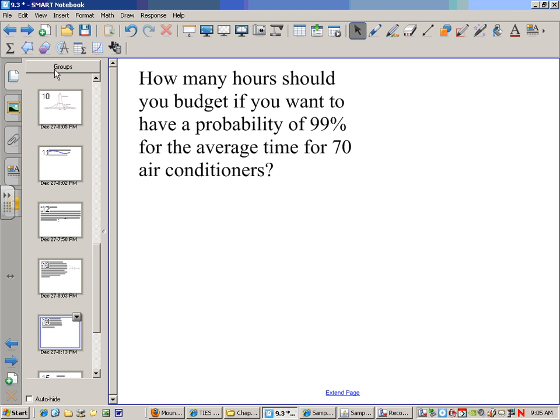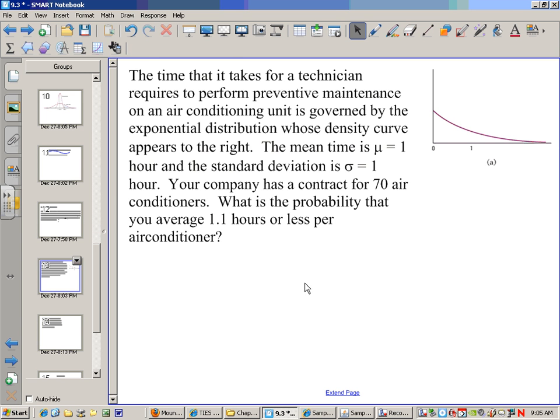So if we wanted to do this, we know from the central limit theorem that this would make a normal distribution of x bars. We want to find the probability that x bar is less than 1.1. So the first thing I'd have to do is find the mean of x bar and the standard deviation of x bar.